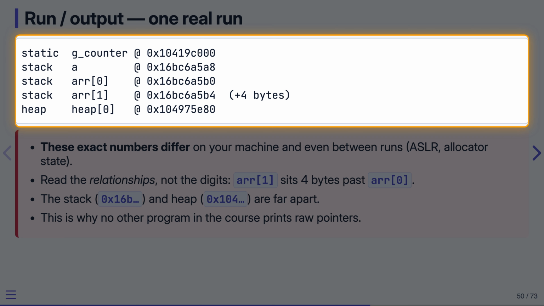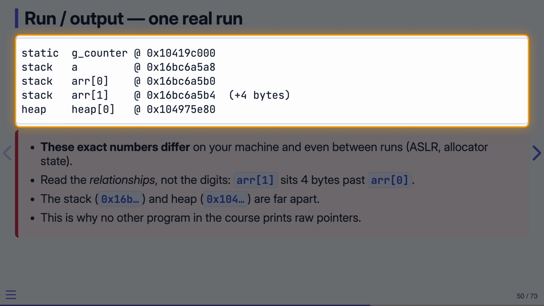This is one real run of the program. It printed 5 addresses, one for each variable. Look at the 2 stack lines. The address of arr[1] is exactly 4 bytes past the address of arr[0]. That is because ints are 4 bytes, and array elements sit right next to each other. Now compare the regions. The stack addresses start with 1, 6b.